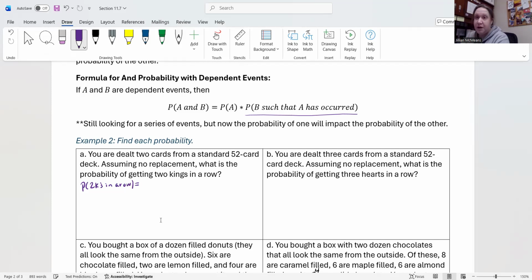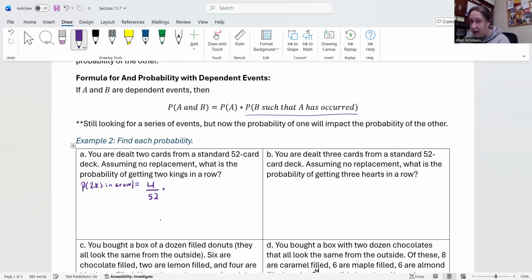Well, for the probability of the first king, there's four kings and there's 52 cards in the deck. So the probability of the first card is going to be exactly what you'd expect, 4 out of 52. But now you've got one king that you're holding in your hand. Now there's only 51 cards in the deck, and of those 51 cards, only 3 of them are kings. So now the probability for that second king has totally changed.